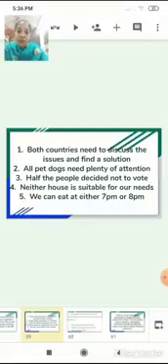In these examples it shows different ways of looking at the individuals within a group, like in this case, half the people. Not only group, they also express how something is distributed, shared or divided, like in this case, neither house is suitable for our needs. So this way we come to an end of distributive determiners. I hope it is clear.